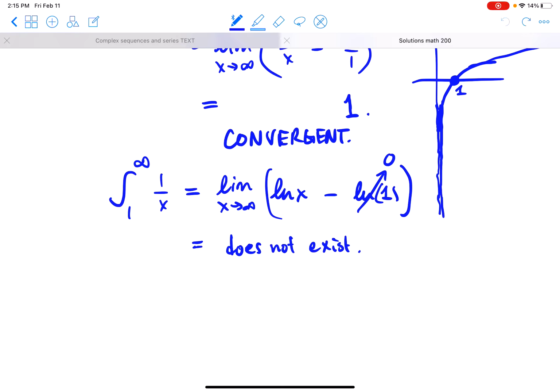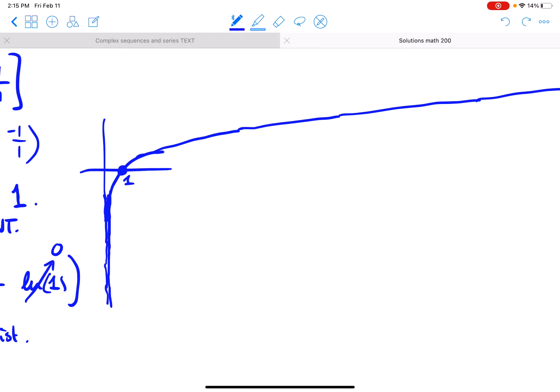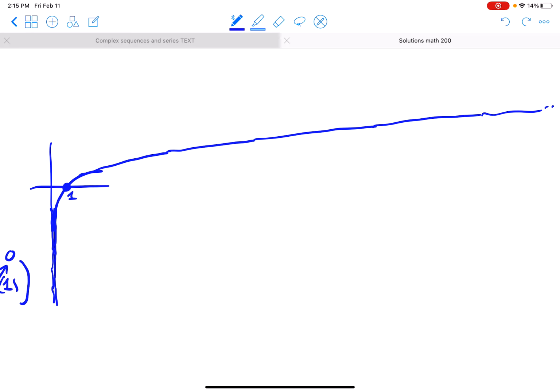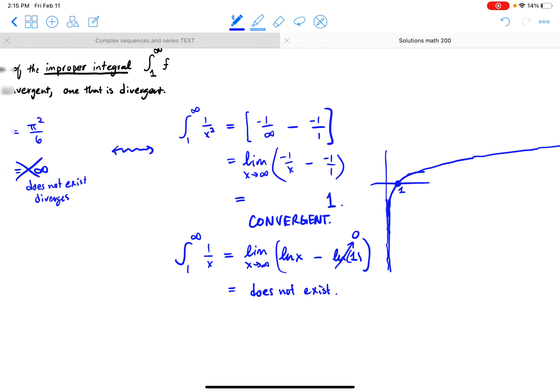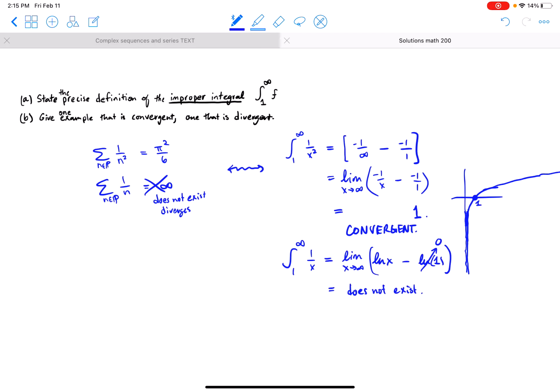And ln x just gets bigger and bigger forever, and actually gets arbitrarily large. It would just take really long going out that way. And so these are just magical results that we're supposed to believe.